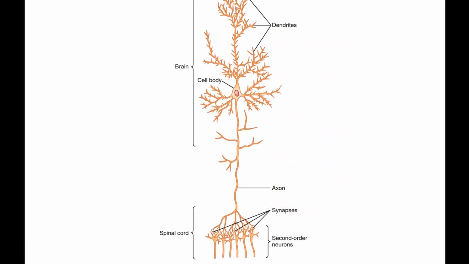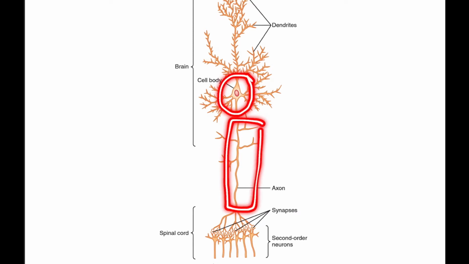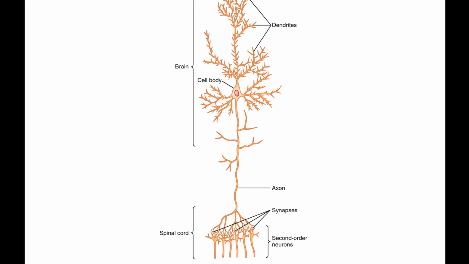In the brain, I hope you have heard the term gray matter and white matter. So what are gray matter and white matter? A group of cell bodies make gray matter, and a group of axons form white matter. In gray matter you see cell bodies of neurons, in white matter you see the axons of neurons.